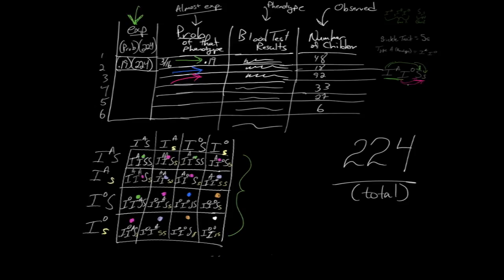The second row asks for the type O normal red blood cell. How do you get type O? I-O. How do you get normal? Big S. So you have to have I-O, big S. How many in here have I-O, big S? The one blue one. So that's 1 out of 16, which is what?